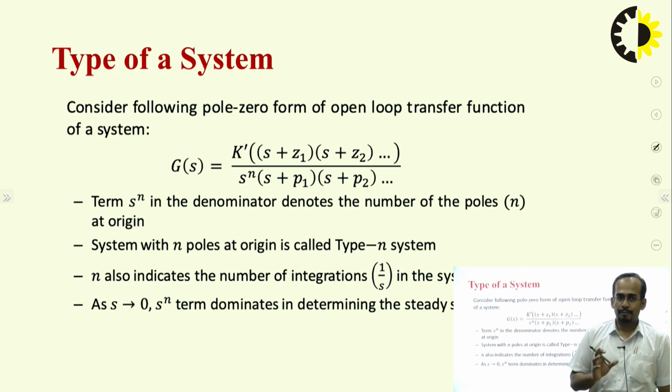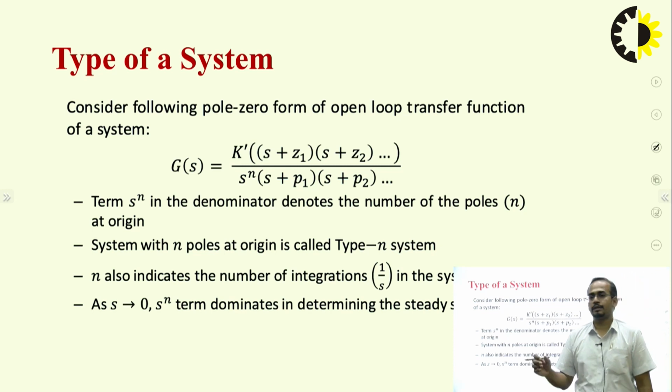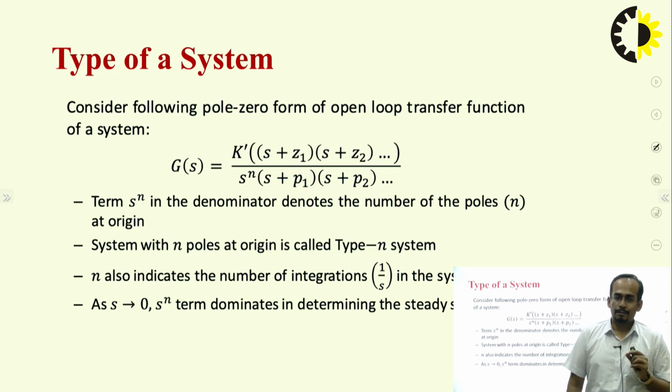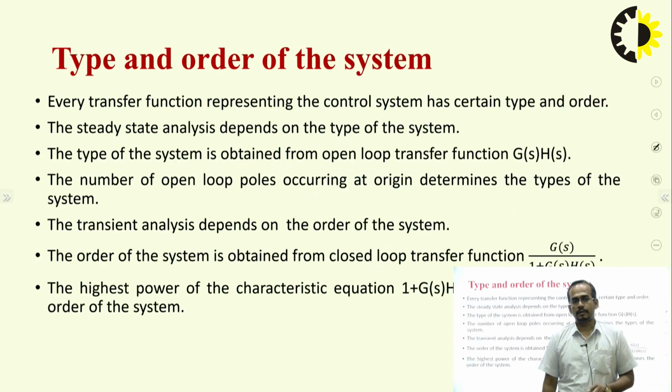So, this is a type n system. If n is equal to 0, it will become a type 0 system. If n is equal to 1, it will become a type 1 system. If n is equal to 2, it will become a type 2 system. So, the number of poles at the origin will decide the type of the system.